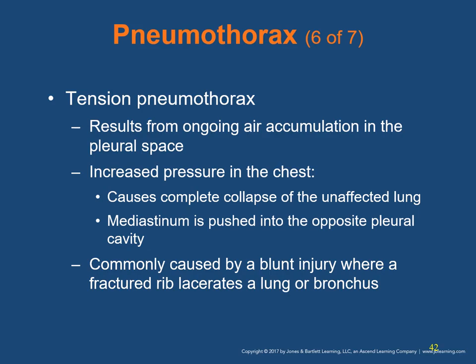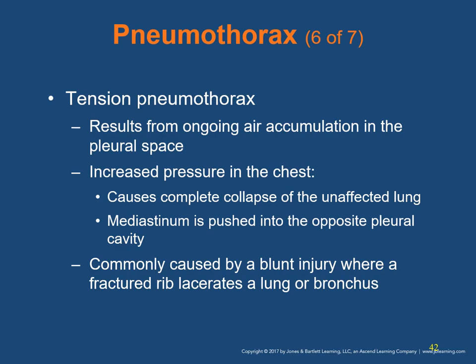Common signs and symptoms: chest pain, tachycardia, marked respiratory distress, absent or severely decreased lung sounds on the affected side, hypotension, altered mental status, jugular vein distension, JVD, cyanosis, and tracheal deviation.